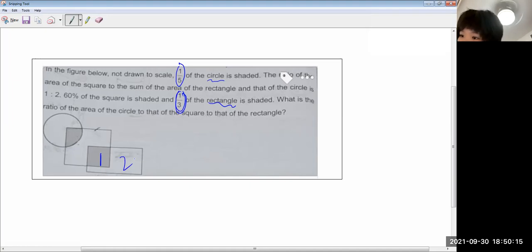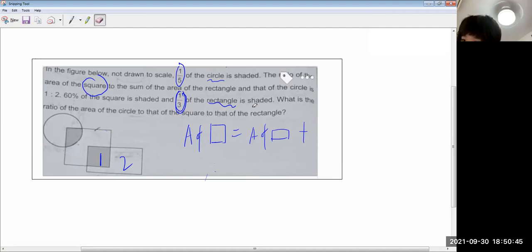Then with this, you can actually tell that the ratio of the area of the square, which is the whole thing, A of square is A of rectangle plus, not plus, is 2 times 1 to 2.